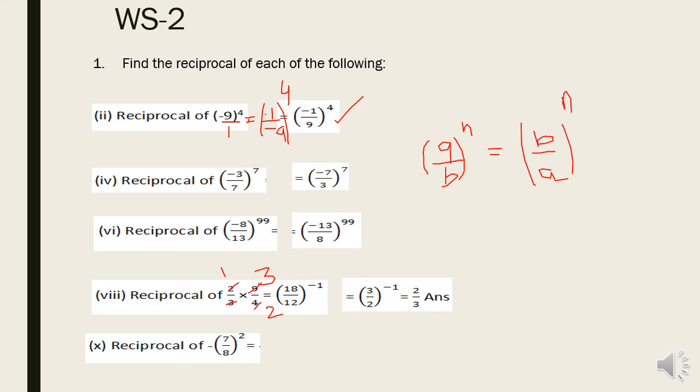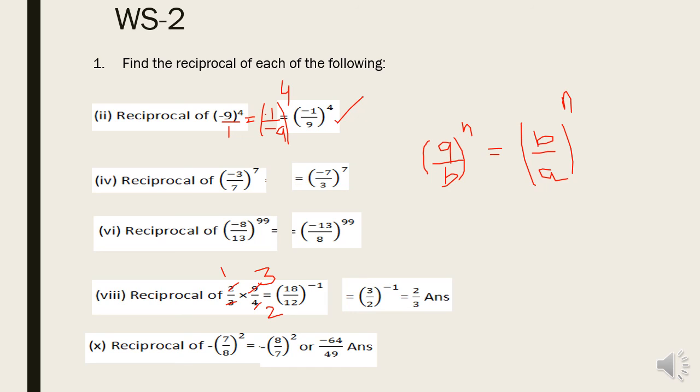10th part, reciprocal of minus of (7 by 8)^2. I can change (7 by 8)^2 to (7 by 8)^(-2), because we are finding reciprocal, which is equal to minus (8 by 7)^2.